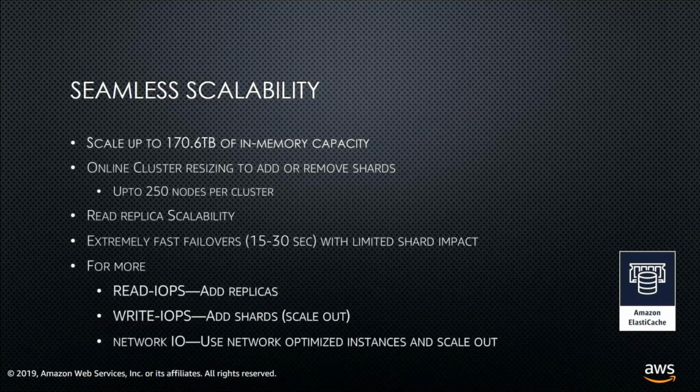Okay, now let's take the examples. In the first example, let's take 125 shards made of one primary plus one replica, which is equivalent to 250 nodes. Let's take the largest supported memory node size in ElastiCache, which is R5.24xlarge, which holds 635.61 gigabytes of memory.